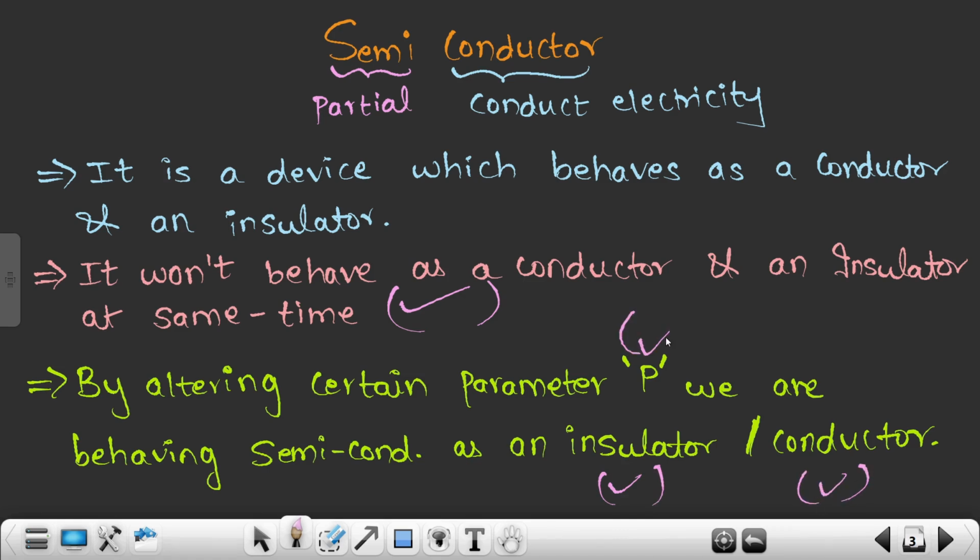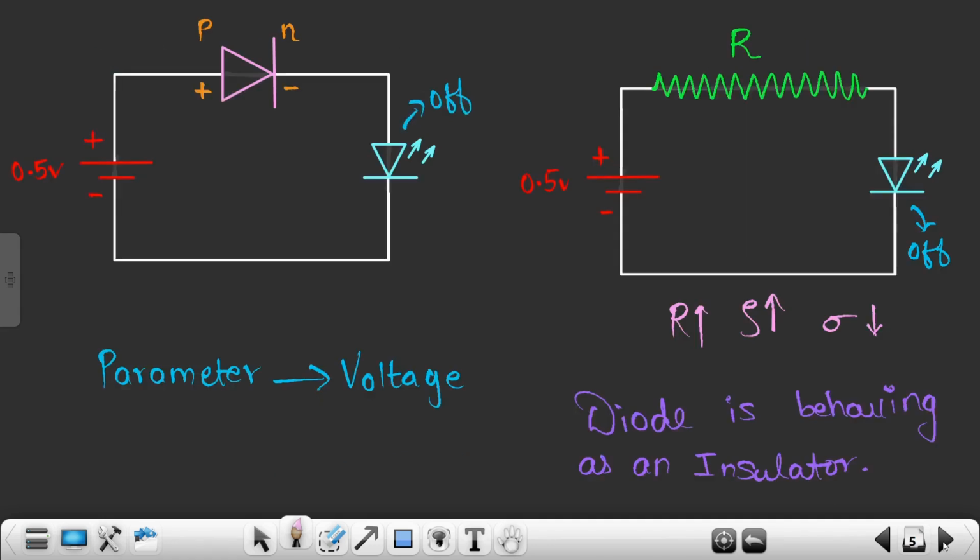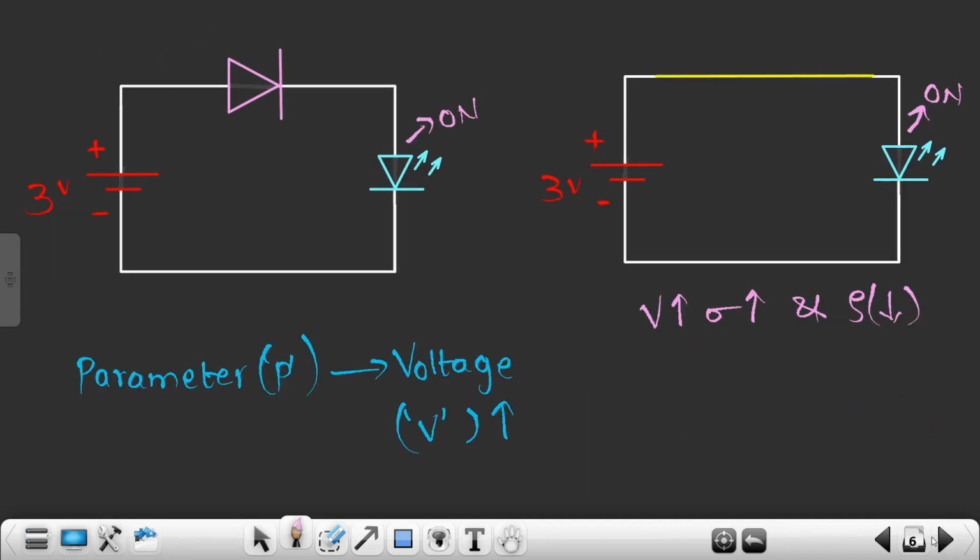Over here, that parameter was the voltage source, that is voltage. Great. So these are the two major conclusions that we saw in this session, and I believe that you understood the concept of semiconductors, how exactly we can operate it as an insulator and how exactly we can operate it as a conductor.